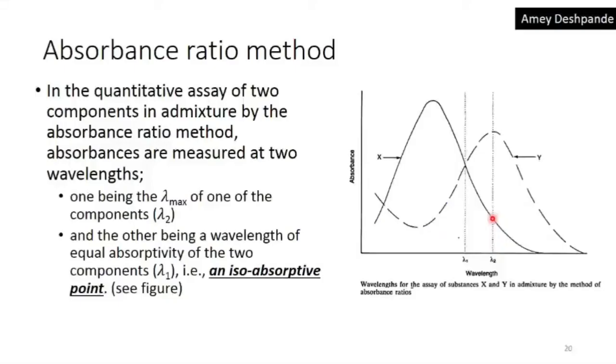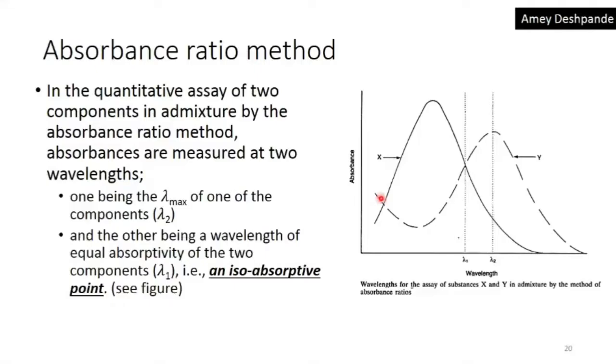For substance X, the ratio of absorbance at lambda 1 and lambda 2 will be constant. Similarly, for substance Y, the ratio of absorbance at lambda 2 and lambda 1 will also be constant. Now, one more thing.